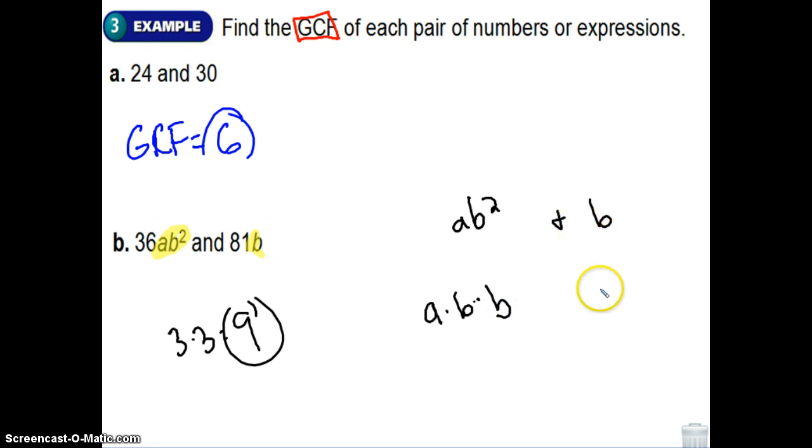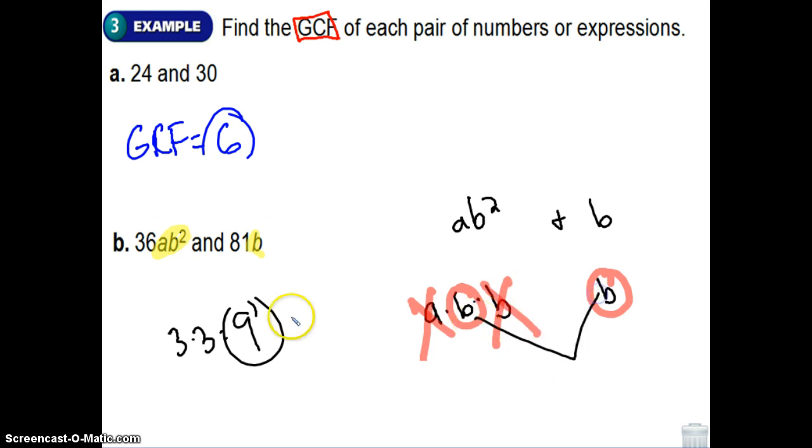And this one just has a b. Well, what do they have in common? B doesn't have an a, so the a's are out. Now, b in common, b in common. They don't have another b in common, so that one's out. So they have just one b in common. That means our answer is not just 9, it is 9b.